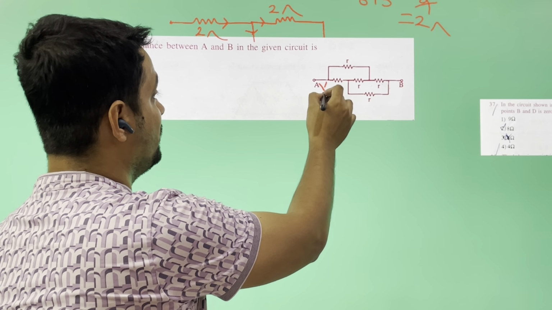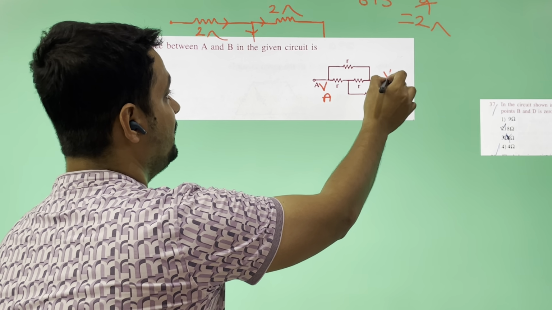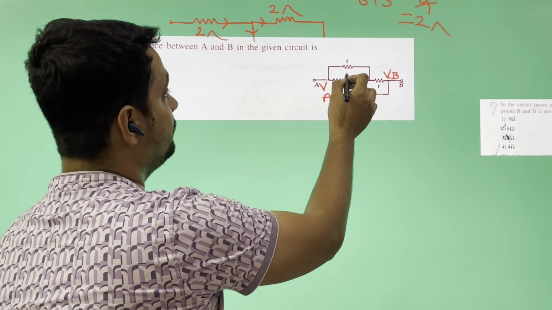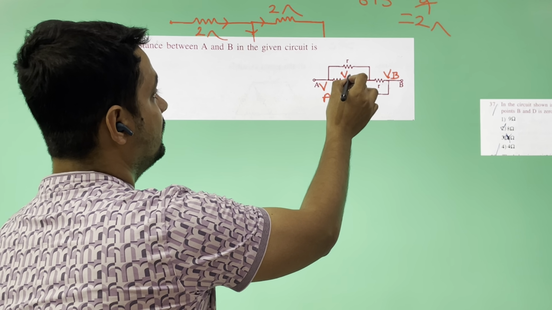See here. Here potential is VA. Here let it be VB. Here you take VC, and here VD.